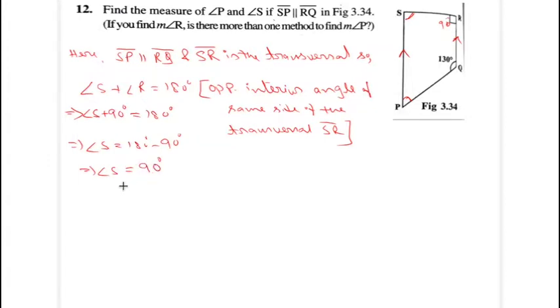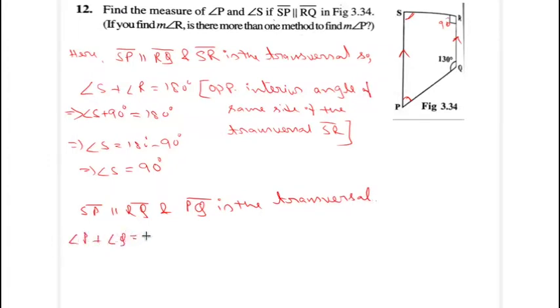Okay. Similarly, we can find out the value of angle P. How? See, again we will write the same thing, SP is parallel to RQ and here PQ or QP is the transversal. PQ is the transversal. Okay, so that's why angle P plus angle Q is equal to 180 degrees.